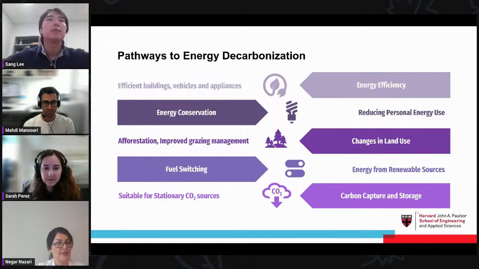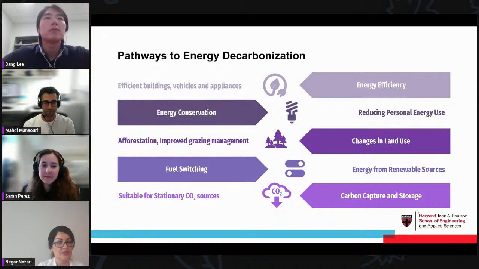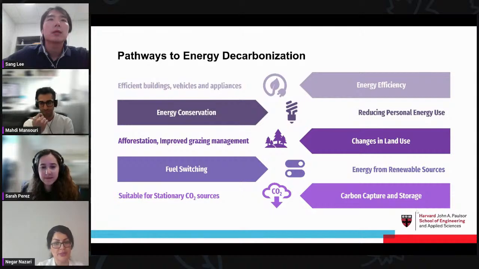There are multiple pathways for energy decarbonization. I put them in 5 categories. It starts with energy efficiency, that is changing buildings, vehicles, and appliances to be more environmentally friendly by using resources and vehicles that consume less, changing the land use, afforestation, and improving grazing management.